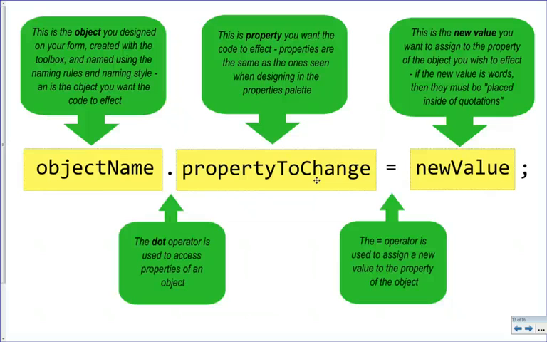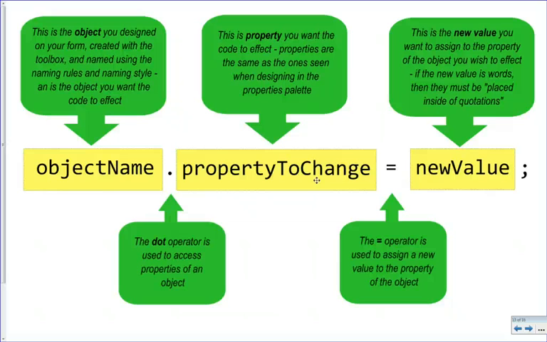The object is the thing that you designed. And you named it, so you should know what it's called. The dot is just to get at it. The property is the same list you had in the properties window. It changes something about the thing. The equals, or more specifically, the assignment operator, means I'm giving it a new value. And then the new value is whatever you want to change it to.